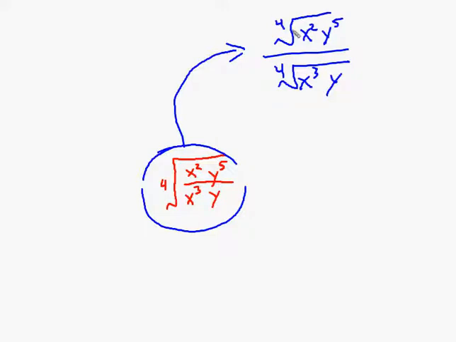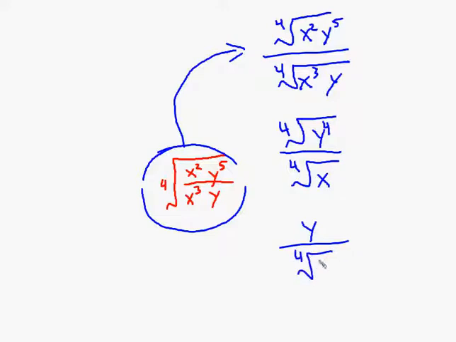Now, since these indices are the same, we can use our rules of exponents, and the quotient rule is going to tell us that I could subtract the y's and actually do the same thing with the x's. Now, the fourth root of y to the fourth is y, so no problems there. And this is going to be a problem. I need to rationalize. Under no circumstances should we be leaving radicals in our denominators.